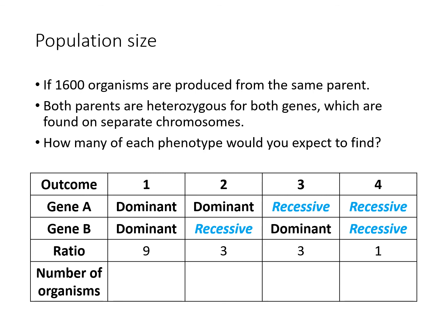If that is the case, we have 16 possible outcomes, and we simply work out that if we've 1,600 organisms, each one in the ratio represents 100 organisms. When we do that, we're able to work out the individual numbers of organisms that we would expect to find, because of course in real life you will not find exactly 900, exactly 300, exactly 300, and exactly 100 of each. And that leads into the whole concept of statistical testing, which is covered in another presentation.